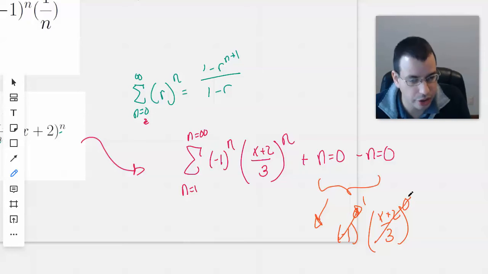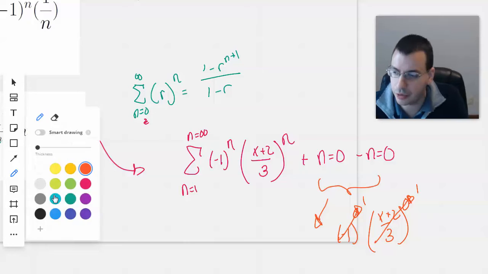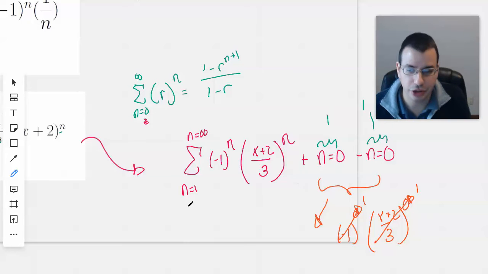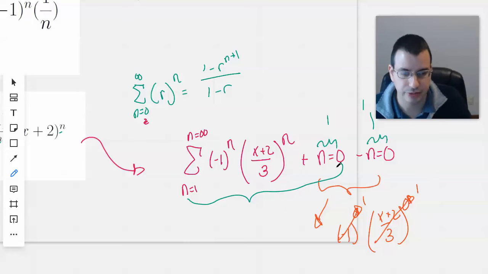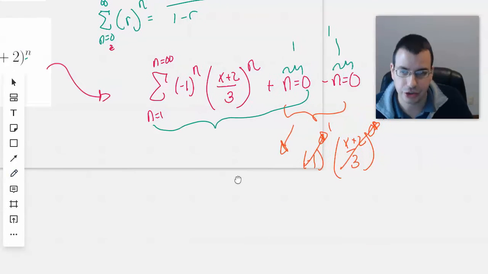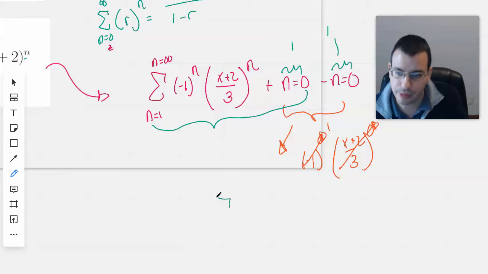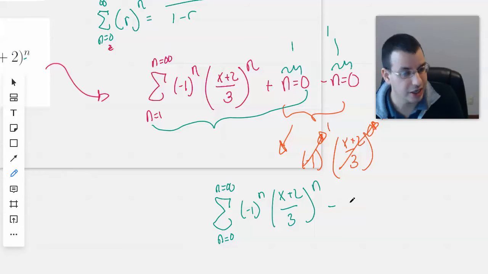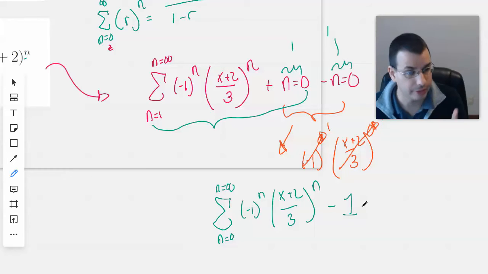This goes to 1, this goes to 1, and therefore n equals 0 is 1. And so what we can do is combine this into the sum from n equals 0 to infinity of -1 to the n times x plus 2 over 3 to the n, minus the n equals 0 term, which is 1. Okay?